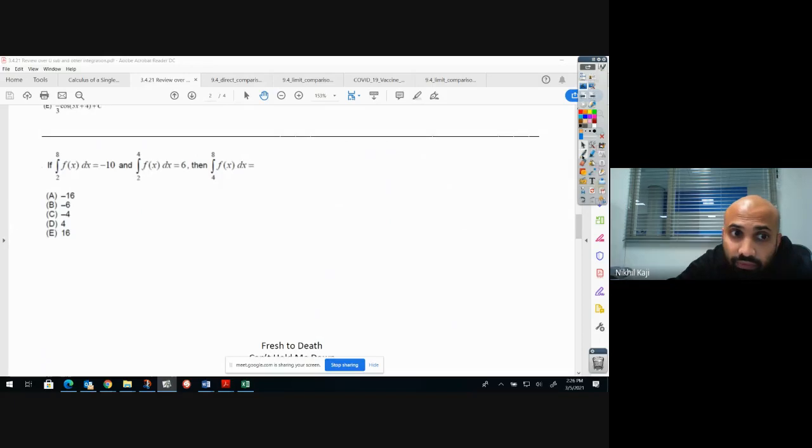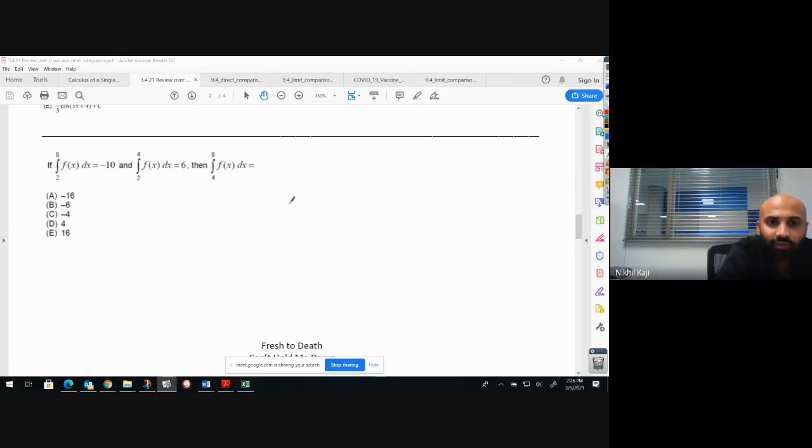Next problem. Here, like I said, I like to consider it on a number line. The area from 2 to 8 is negative 10. The area from 2 to 4 is 6. So what's the area from 4 to 8?